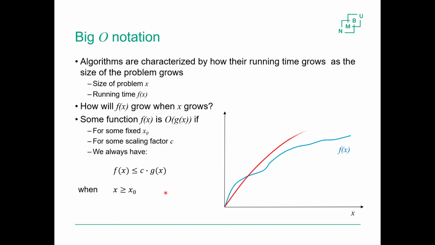And then we can imagine we have a very smooth, nice mathematical function, g of x, that looks like this. And now we can say that f of x is big O g of x. And why can we say that? Because there is a threshold here, x0. And if we go for x's larger than this, on the right-hand side of this x0, we can see that the blue curve is always smaller than or equal to the red curve. It's limited by this g of x function, we say. So it's not exactly the same.